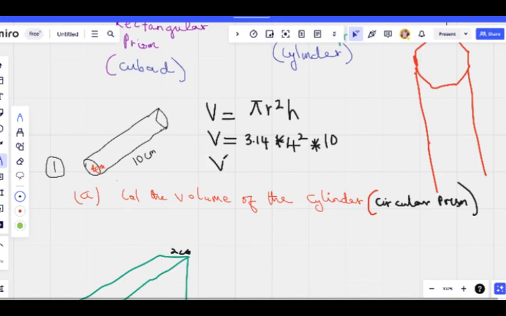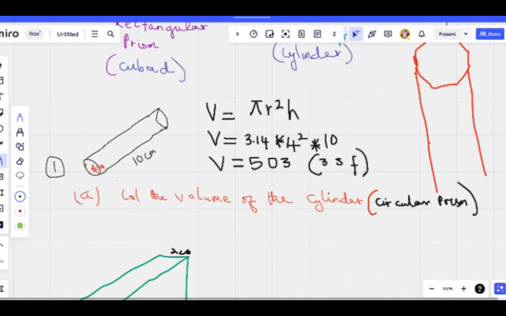So we get V equal to 503. If we round the answer to 3 significant figures, we get 503.